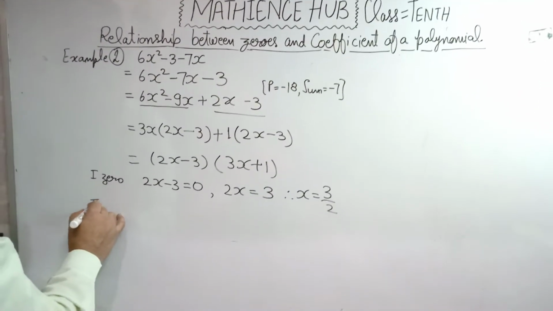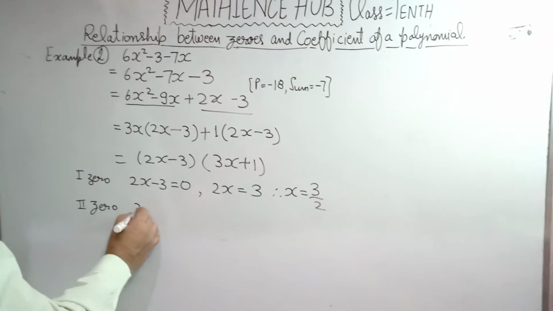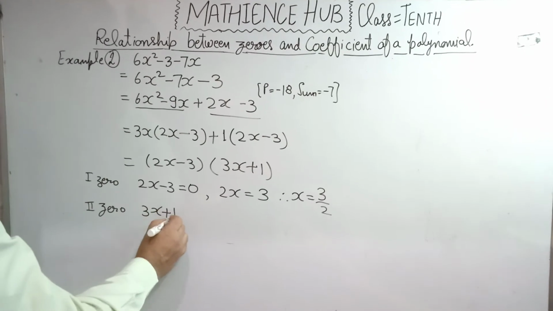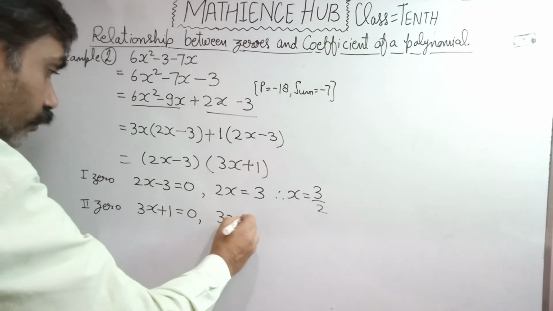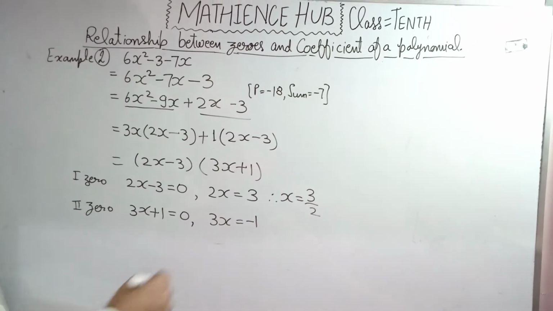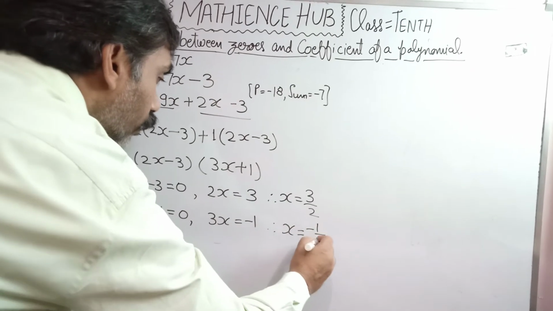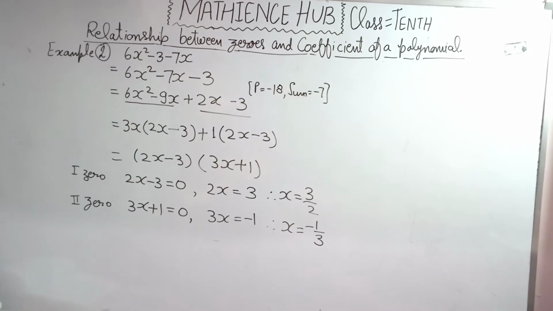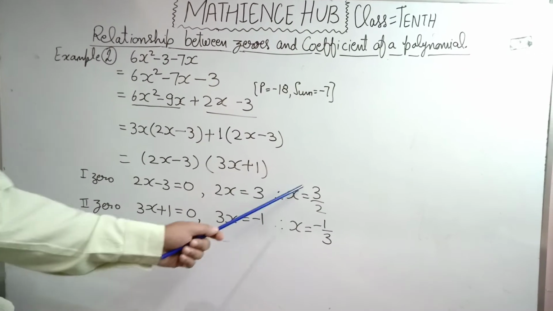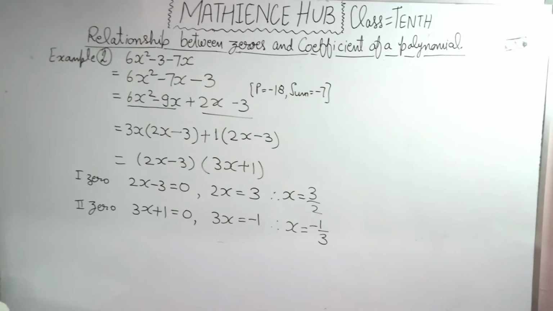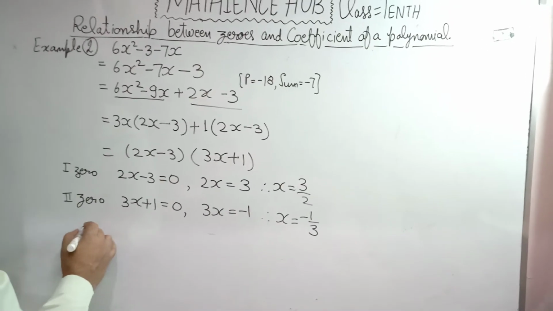Second zero: 3x plus 1 equals 0. 3x equals minus 1. Therefore x equals minus 1 upon 3. So we get two zeros of this given polynomial: x equals 3 upon 2, x equals minus 1 upon 3. Now we verify this result.